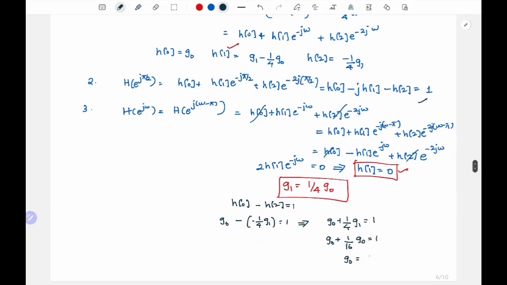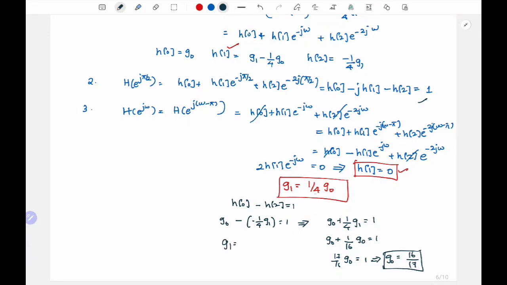So 17 by 16 g0 equal to 1, which implies that my g0 is 16 by 17.